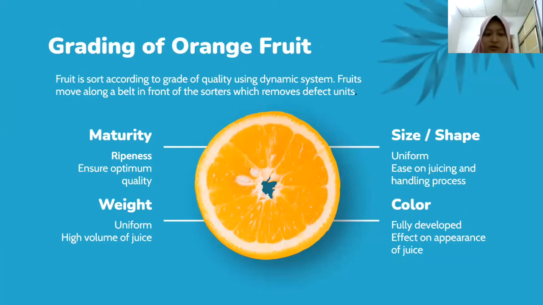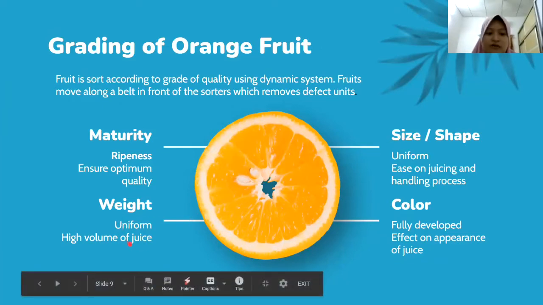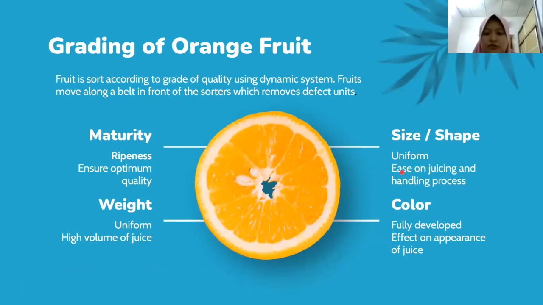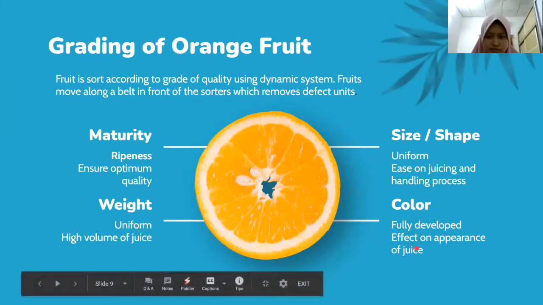Next, weight must be uniform to ensure a high volume of juice. The size must also be uniform to ease the juicing and handling process. Lastly, the color must be fully developed, which means it's ripe, to ensure a good appearance of the juice.